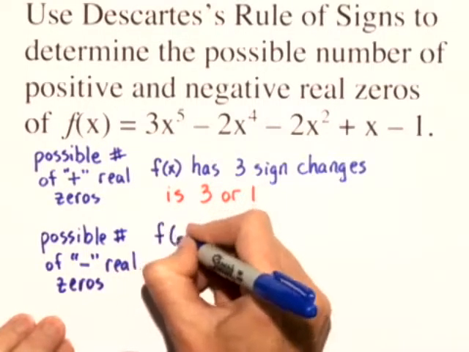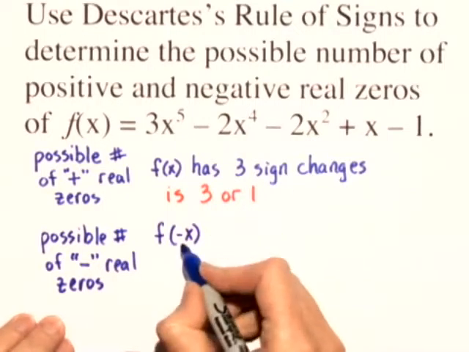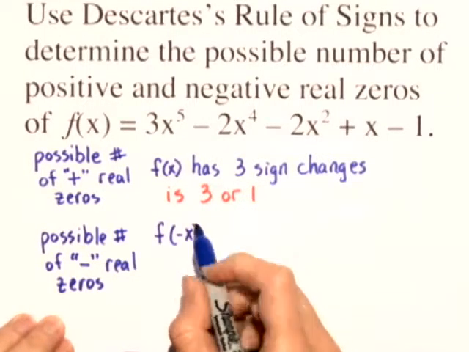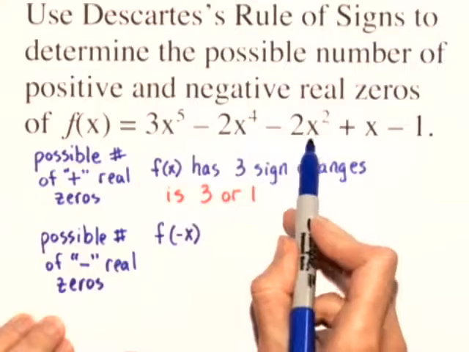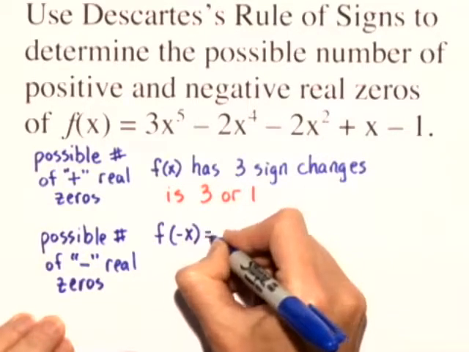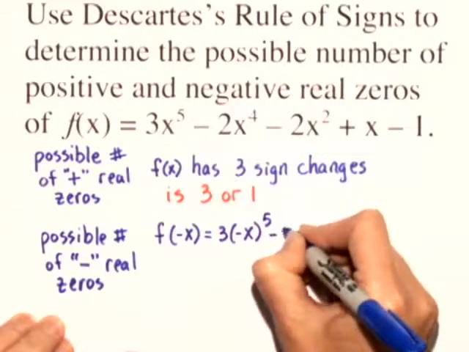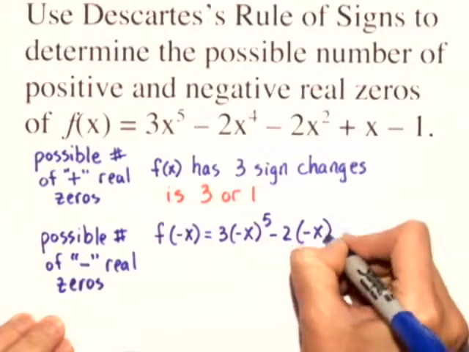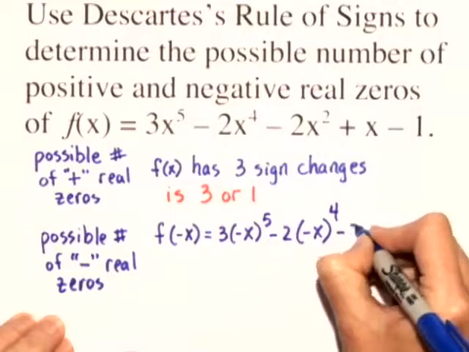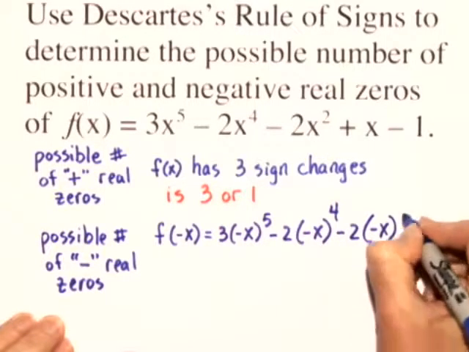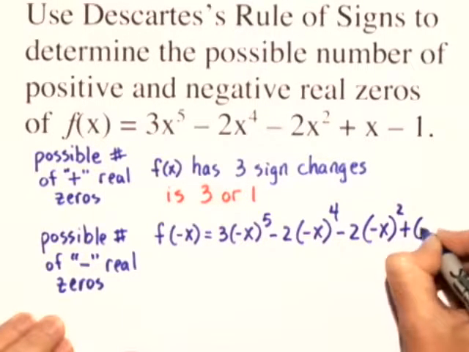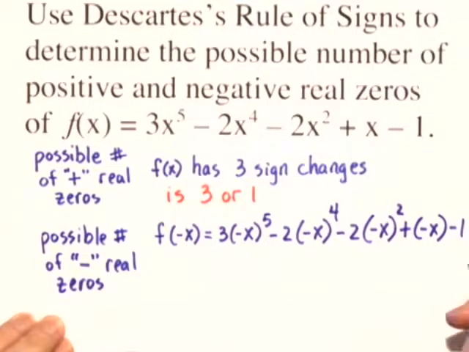So we need to do a little calculating here. f of negative x means we substitute negative x everywhere we see an x in our original function. And we get 3 times negative x to the fifth minus 2 times negative x to the fourth minus 2 times negative x squared plus negative x minus 1.